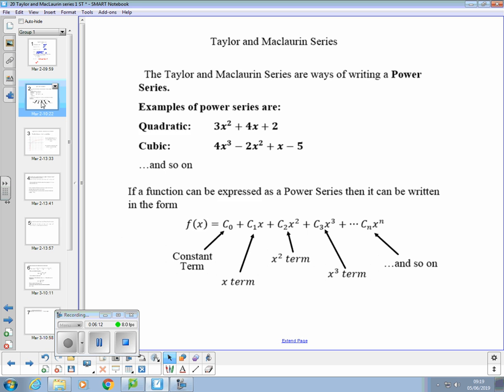In these power series, there's usually going to be one of each of the powers. So if a function can be written as a power series, you can write it as a constant term plus an x term plus an x squared term plus a cube term, and you can carry on to the nth term.